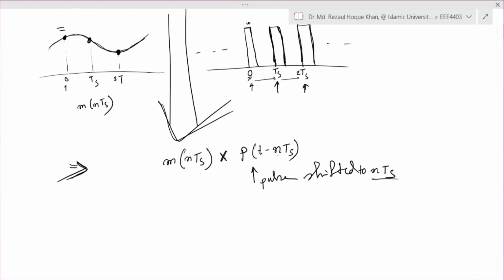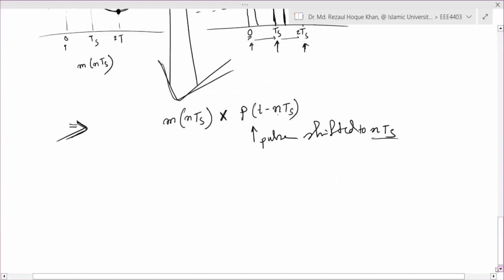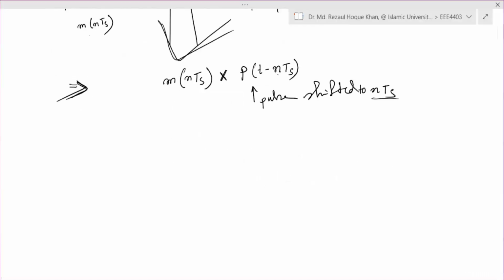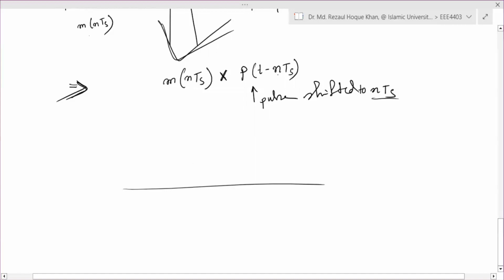So how about the pulse? Let's see what this unit amplitude pulse is and how we can characterize it.